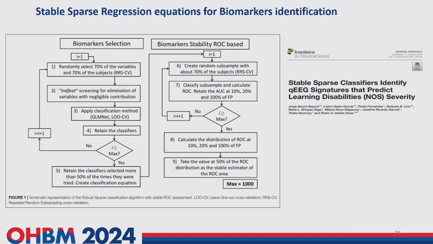We do a random procedure to select the biomarker with different subsamples, and at the end we take the variables with higher power for classification, and then we do a stable ROC-based procedure, also random, to avoid giving very high ROC estimates.